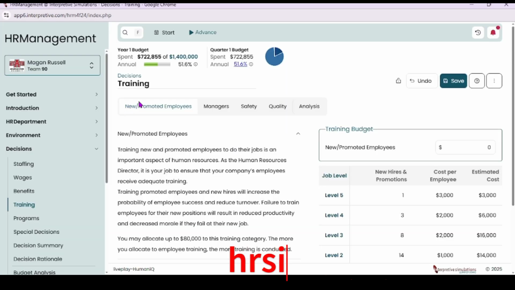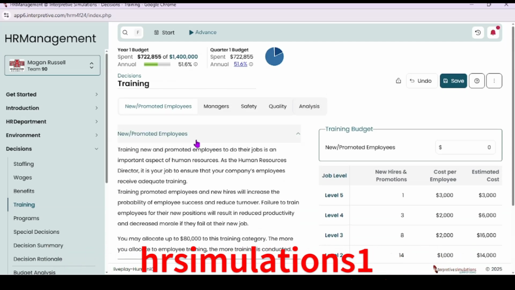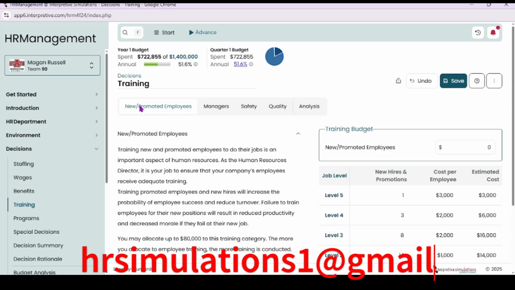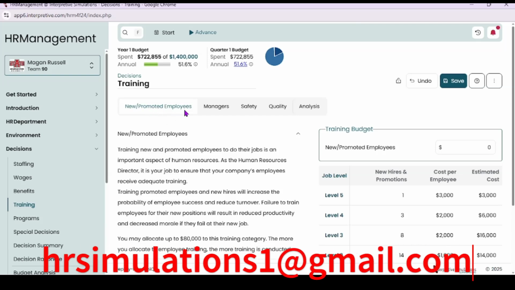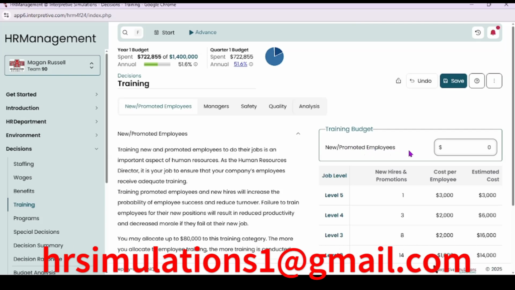Next is the training, and as I said earlier, our goal is to train the new workers, so that can be a way of investing in the company. So the new or promoted employees, they want a budget.